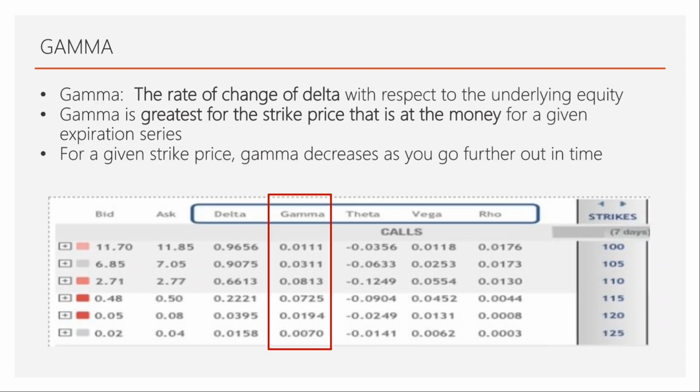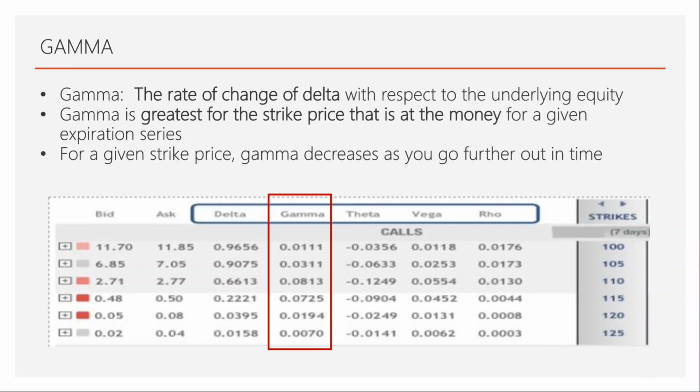We saw about delta. Delta is related to the extent of change in options price with regard to change in stock price. Gamma is related to the extent of change in delta with regard to change in stock price.